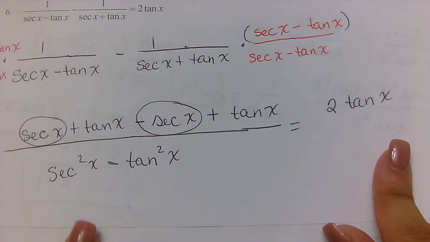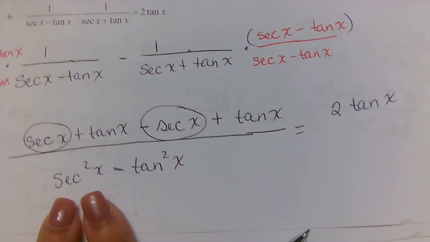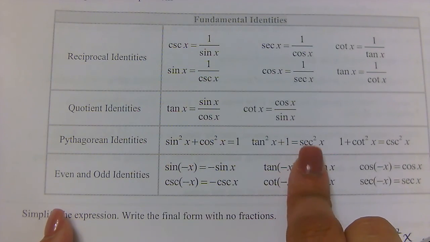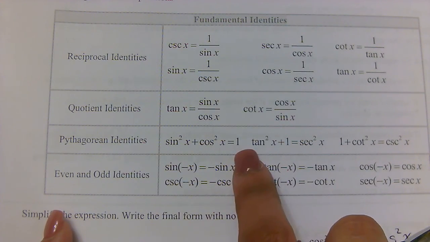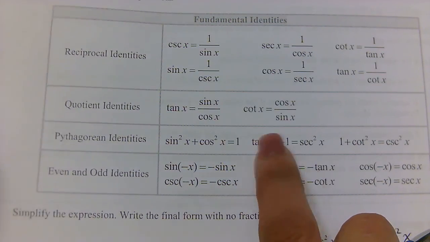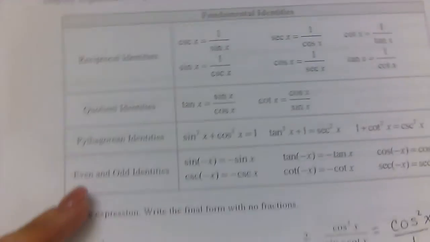In the denominator, we have to see what secant squared x minus tangent squared x is. If we go back to those identities, secant squared x minus tangent squared x equals 1.